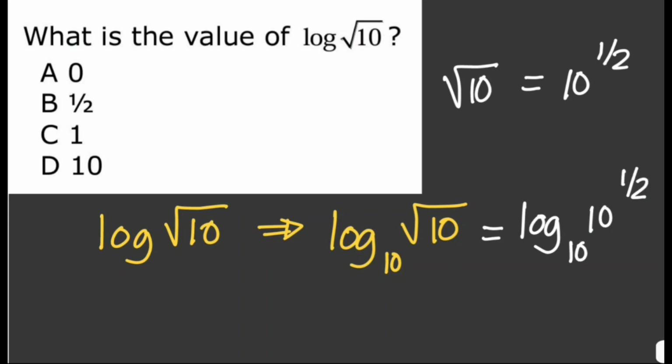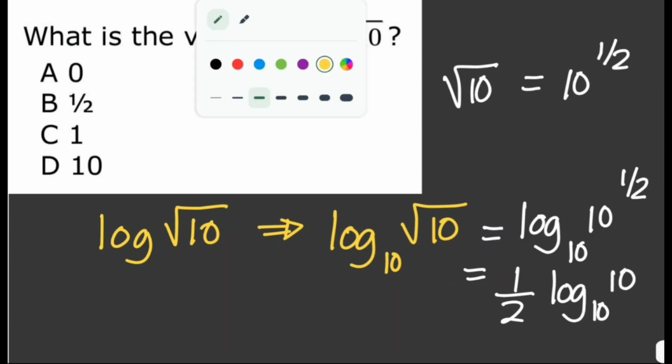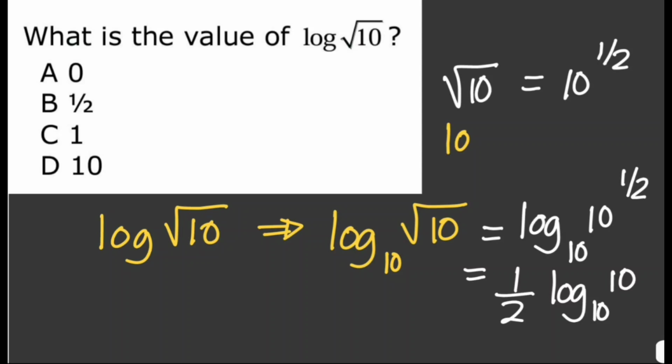and then we can apply the power rule. So this would become 1/2 logarithm of 10 to the base 10. And note that logarithm of 10 to the base 10 is just equal to 1. This is because 10 raised to the power of 1 equals 10.